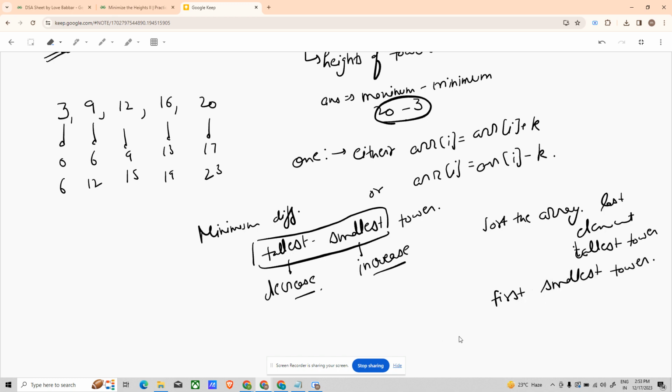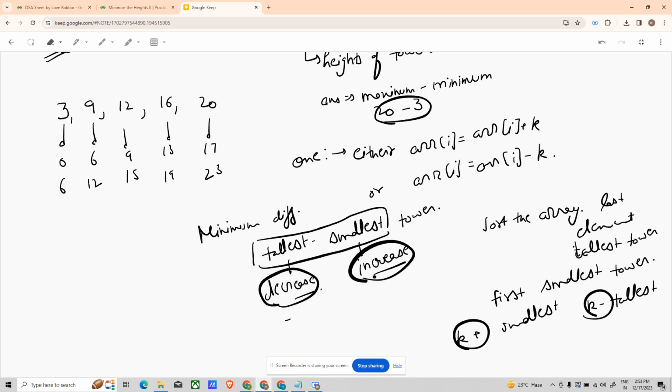For the answer, add k to the smallest, and subtract k from the tallest. To decrease you have to subtract, and for increase you have to add.